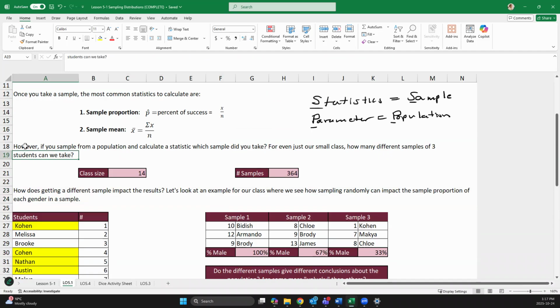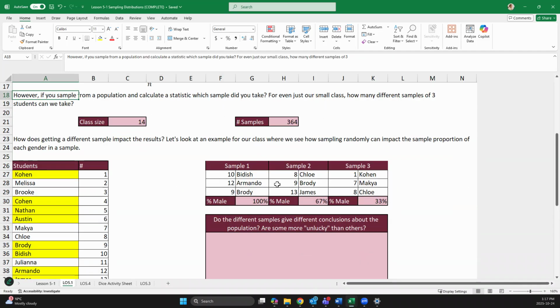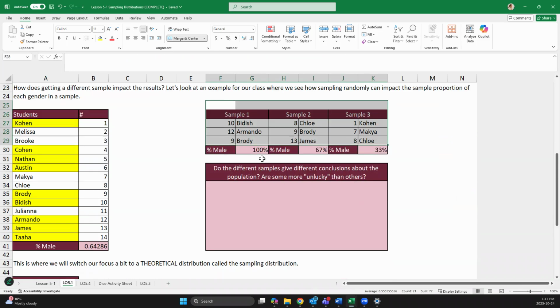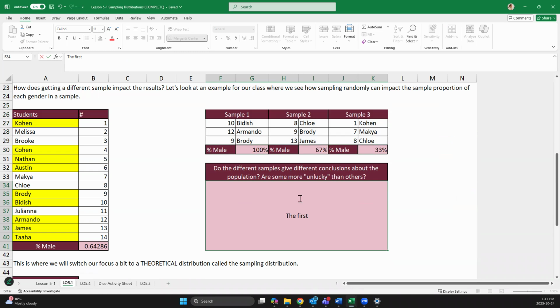And if we go back to this question, which sample did you take? Each of these different random samples gives you different percentages. So do the samples give different conclusions? Yes, they do. The first sample would give you the conclusion that all students are males.